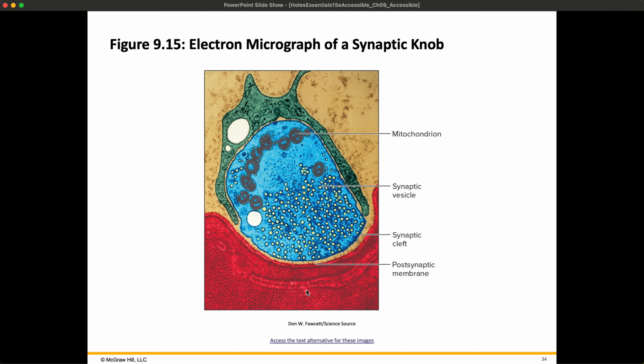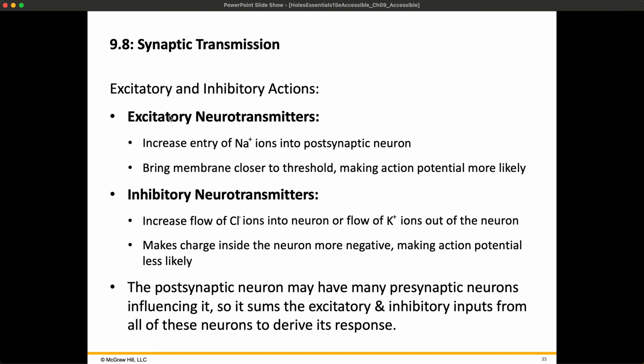So as I've been saying, there's excitatory and inhibitory neurotransmitters. Excitatory neurotransmitters increase sodium entry into the postsynaptic neuron. They bring it closer to the threshold.